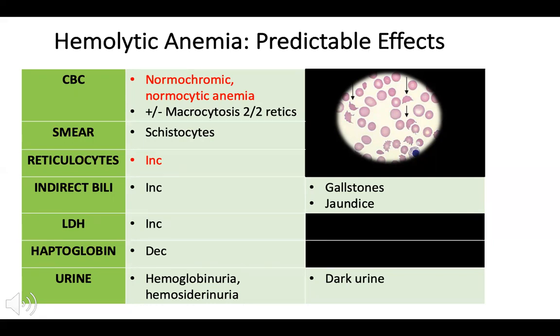With increased bilirubin, that can manifest as gallstones or jaundice. LDH is increased, it's released from those cells that are lysed. Haptoglobin is decreased, that's going to bind to the hemoglobin that's found floating around when we lyse these cells. The urine can have hemoglobinuria and hemosiderinuria, and that can result in darker urine.